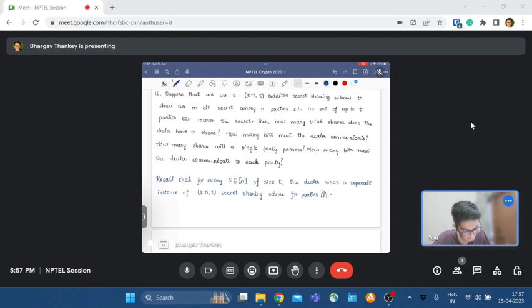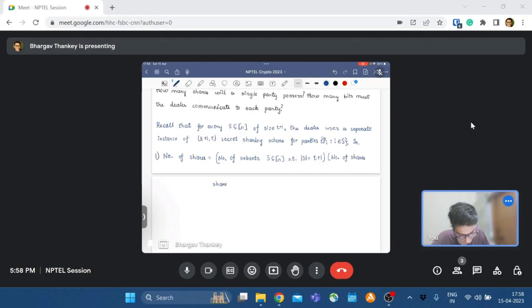So the number of shares is equal to the number of subsets S of n such that size of S equals t plus 1, times the number of shares shared in one instance of secret sharing.